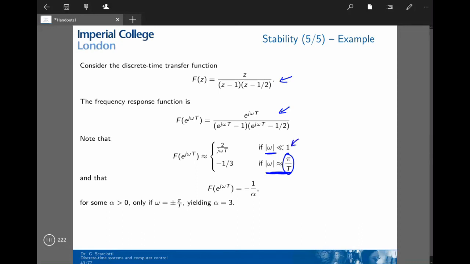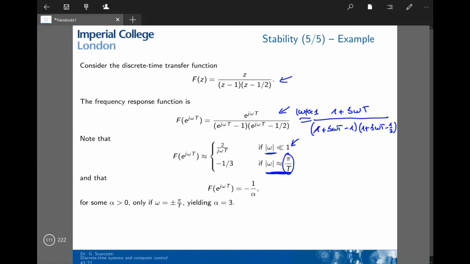So we look at this function, and if omega is much smaller than 1 in absolute value, then we can approximate this with the Taylor series, and we have this guy over here, and something similar over here. So j omega T minus 1 times 1 plus j omega capital T minus 1 over 2.